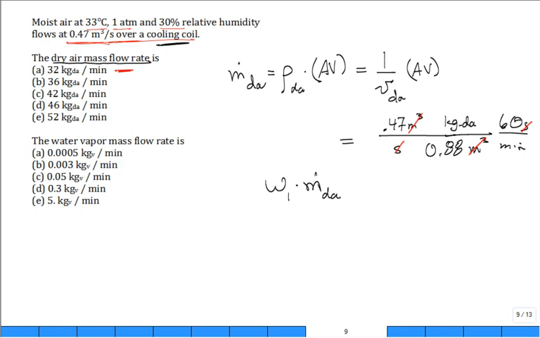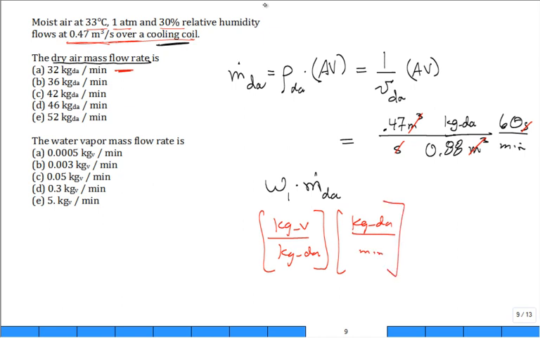Wouldn't this have units of kilogram of vapor per kilogram of dry air? Do you multiply that with the units of kilogram of dry air per minute? And this cancels. And you're left with kilograms of vapor flowing. Yes, sir. D. Okay.